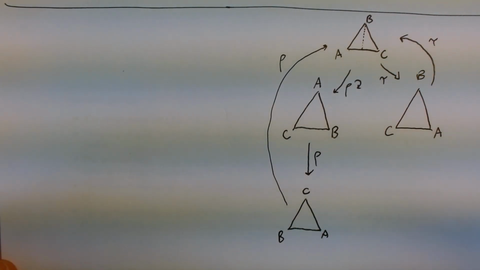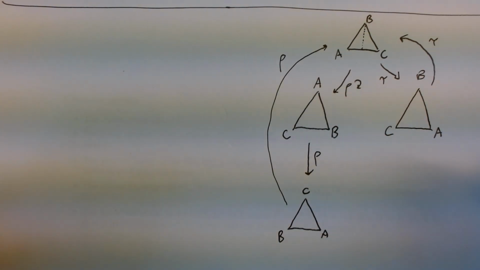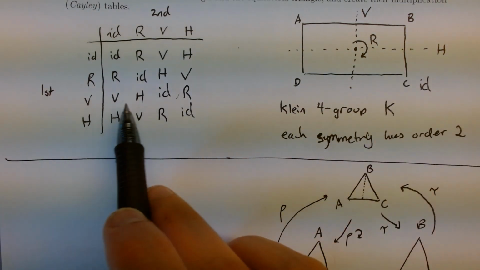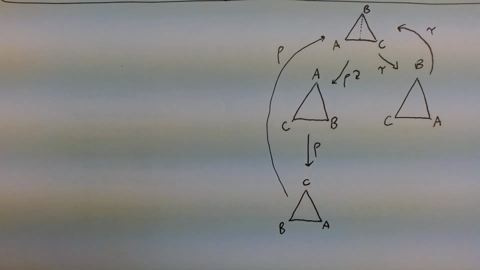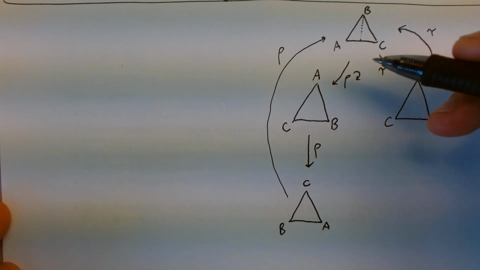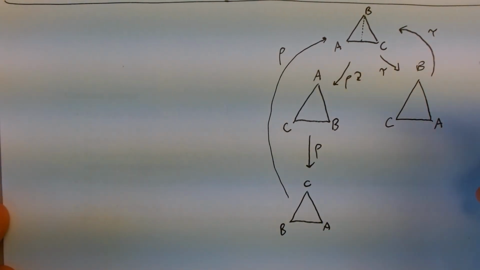So I still have 2 more triangles to come up with here, but I'm not going to get them by repeating rho or repeating tau. So now I want to do combinations of them, which is what I had up here, but the combinations just gave us one of the other ones, so it wasn't very interesting. So here, again, I can think about the other flips, but we're going to get the other flips by doing these in different orders.